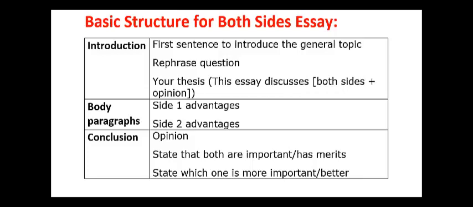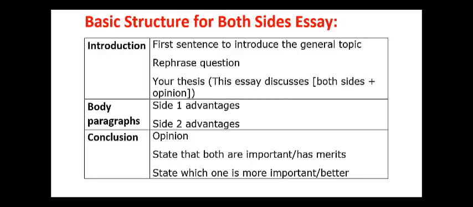Then your second sentence leads into rephrasing the question. So you're not going to copy the exact words, you're going to rephrase or paraphrase the actual question, which gives you the specific aspect. And then finally, your final sentence of your introduction is your thesis statement. And in this case, it will be something like, this essay discusses both sides of this issue and gives your opinion.